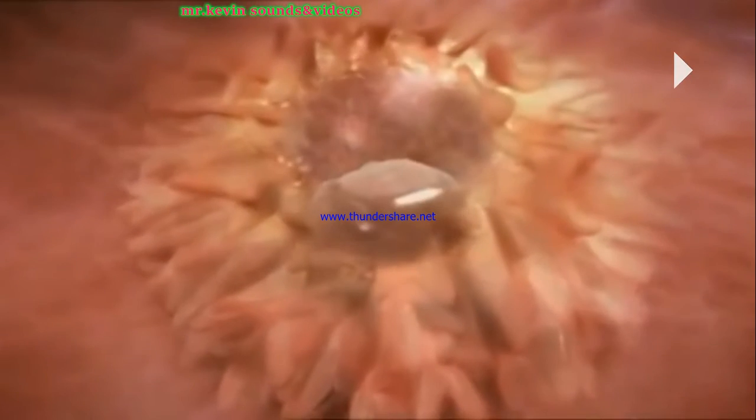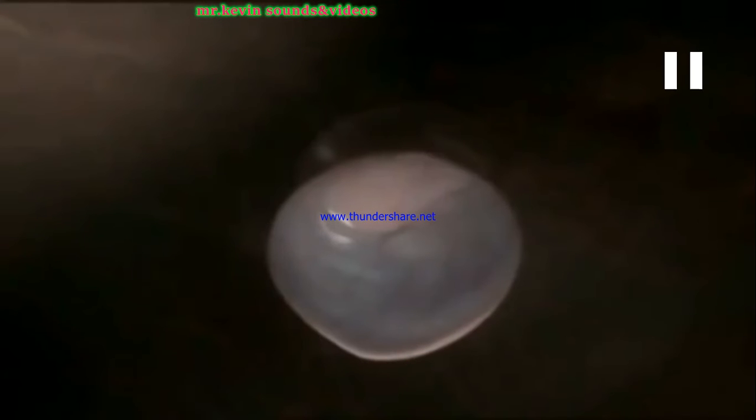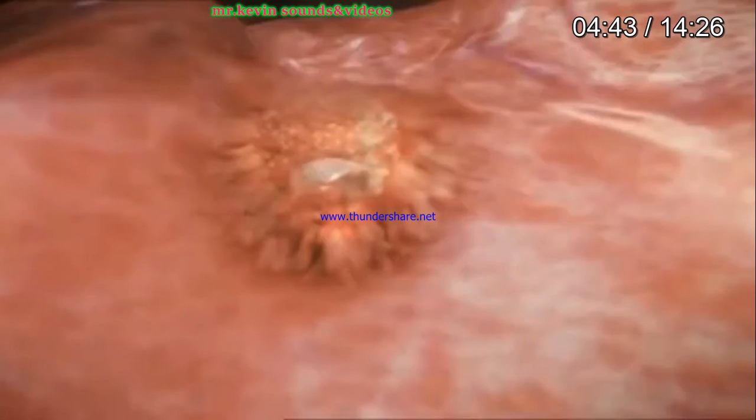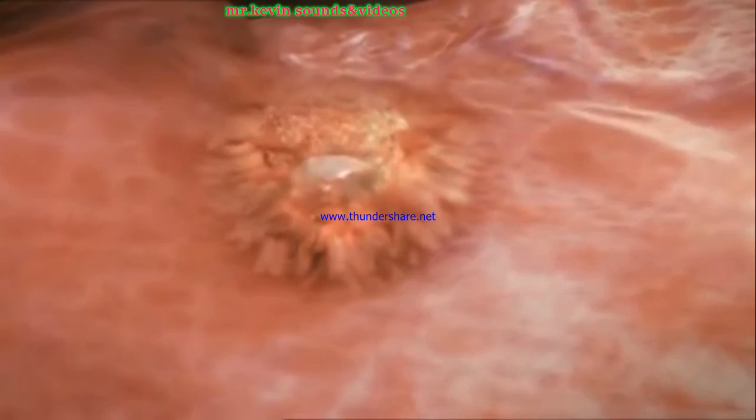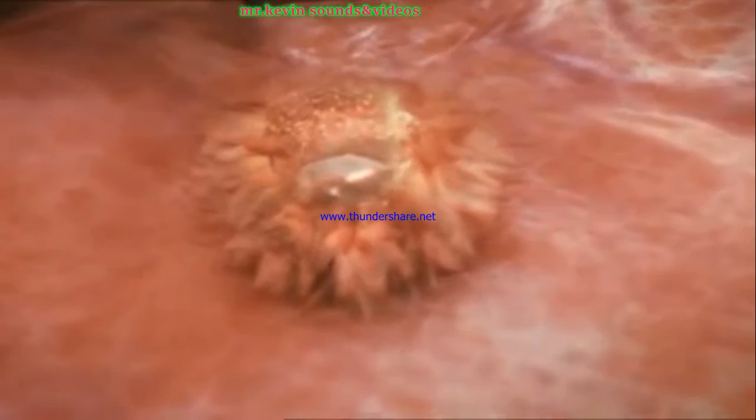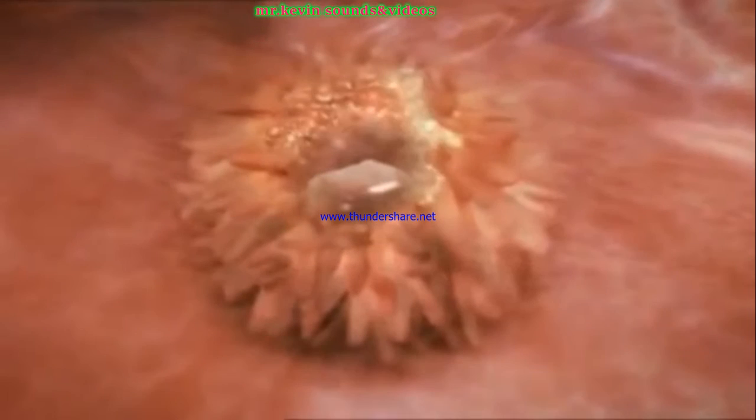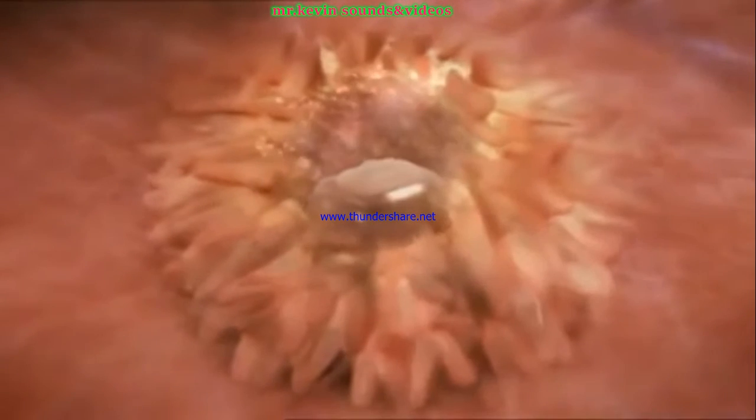Here is now the development of the embryo. The placenta is formed from the remains of the villi and the endometrium. The fetus begins to develop in the first month.